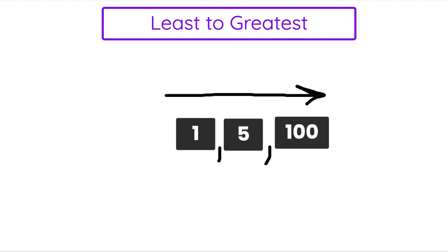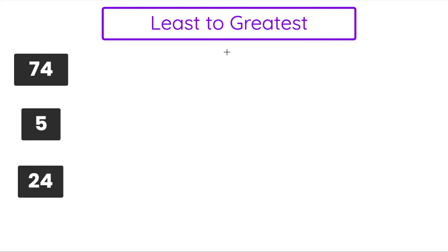So I'm going to give you some other examples. Let's do these 3 numbers too. We're looking for numbers in order from least to greatest. Remember that least means less and greatest means biggest. We're going to put them in a line, in order from least to greatest, because right now they're all kind of jumbled up and they're not in any order.